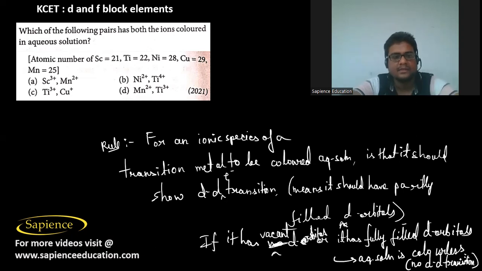Now here we need to find which ones will have unpaired d electrons. It means that partly filled d orbitals.